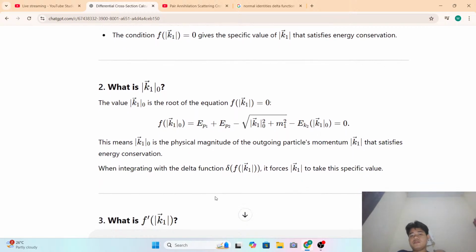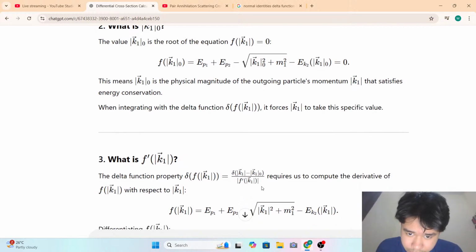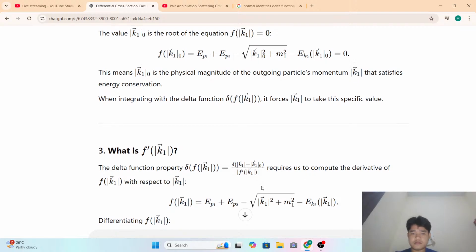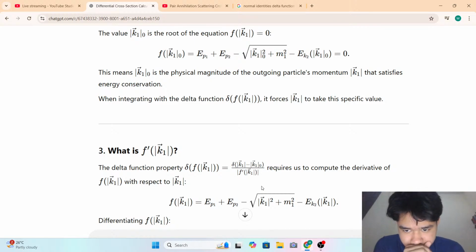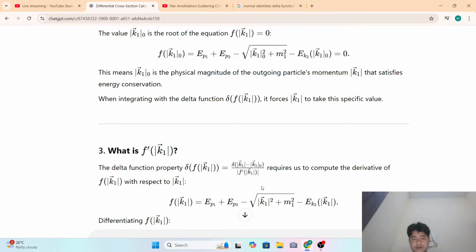When integrating with the delta function, it forces K1 to take this specific value. The delta function property requires us to compute the derivative of f(k) with respect to K1.